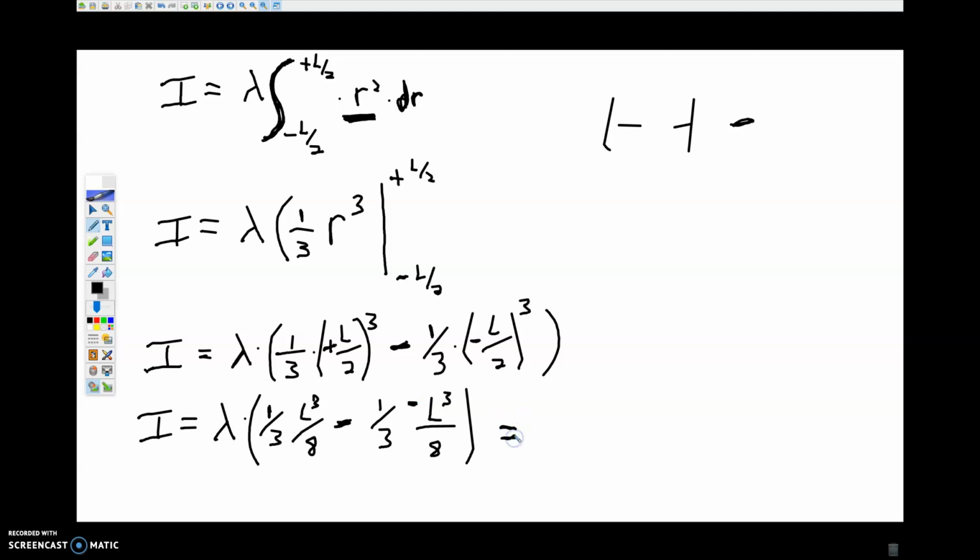So this ends up equaling lambda times 1/3 L cubed over 8 plus 1/3 L cubed over 8.